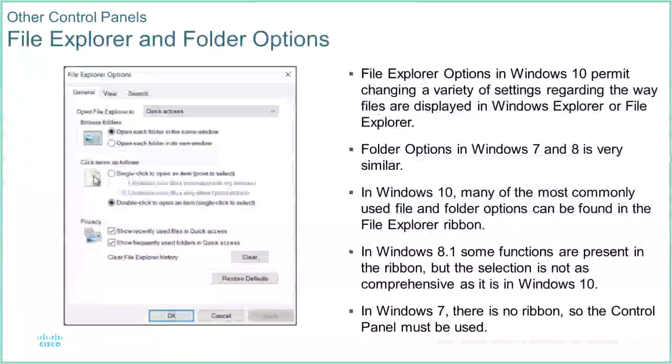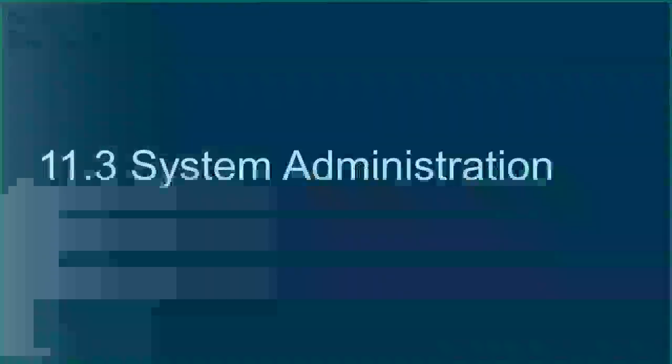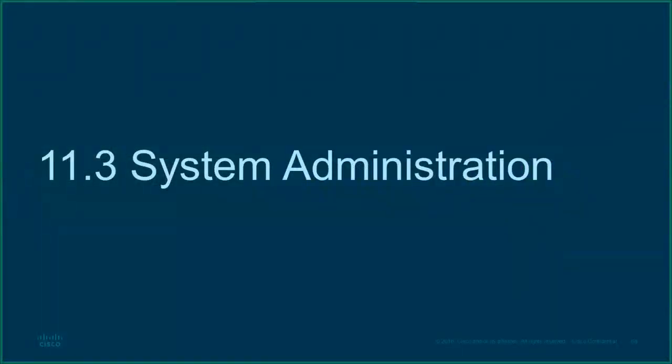File Explorer folder options. This is where we set what the look and feel of how File Explorer shows us the information, what's in a directory, what's in the extensions, all that sort of stuff.